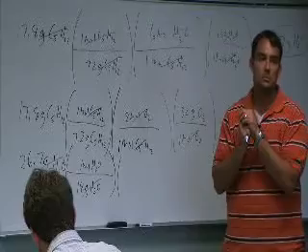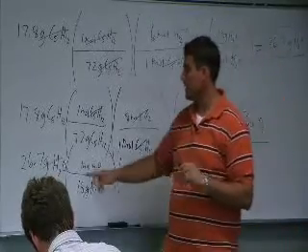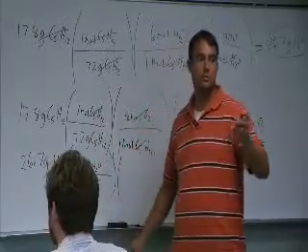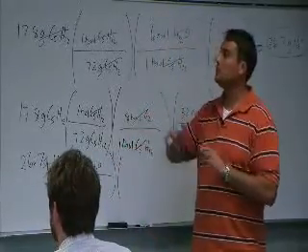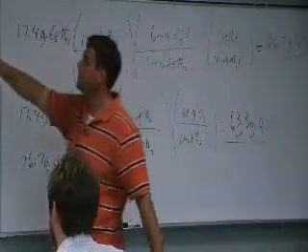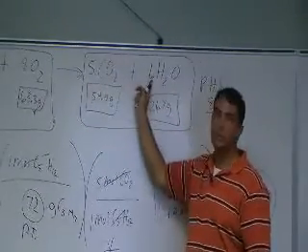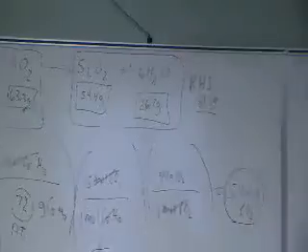How do you know how many grams of water? Periodic table, 16 plus 2 is 18. All right, what's my ratio, Bonnie, between CO2 and water? I'm going to put you on the spot. CO2, water. 5 and 6. There we go.